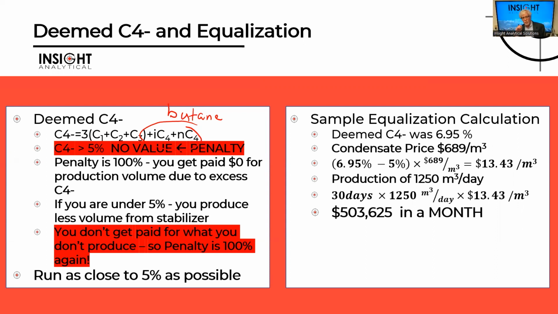So to know what the DMC4 is, we have to know the concentration of those 5 specific hydrocarbons. We have to know how much methane is there, how much ethane, how much propane, and how much of the 2 different types of butanes, and then apply that formula and calculate the DMC4.